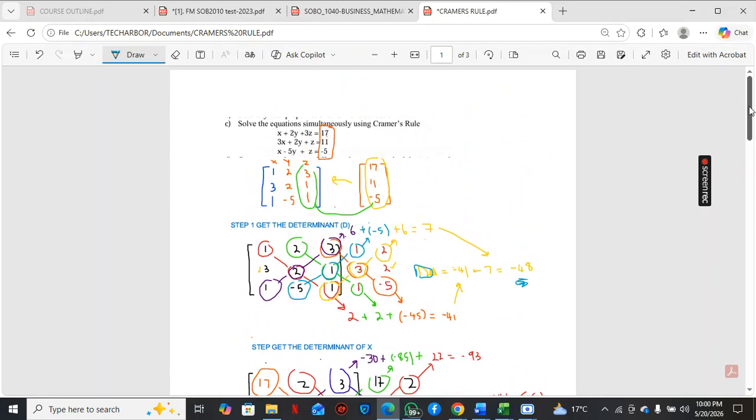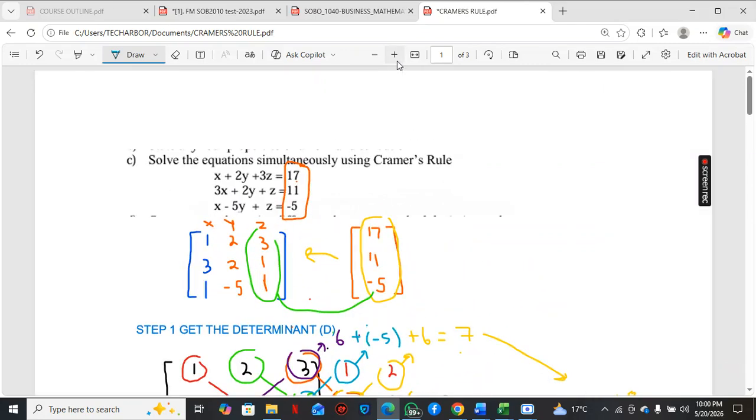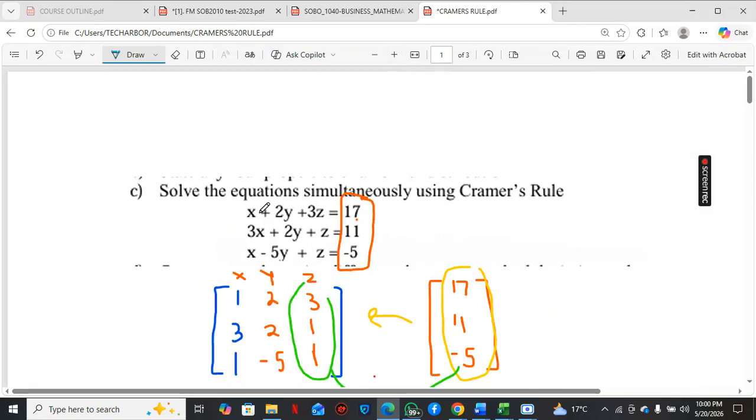Are there any questions? Okay. So now you can prove if your answer is correct, all right? You can pick any of these equations to test if your answer is correct. So let's pick this equation here. x plus 2y plus 3z equals 17.